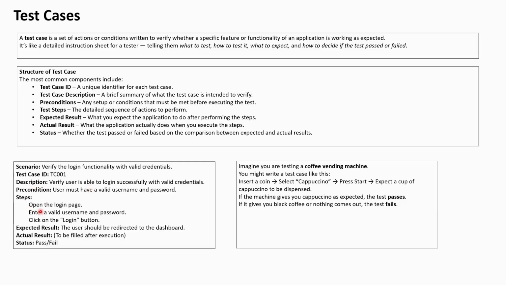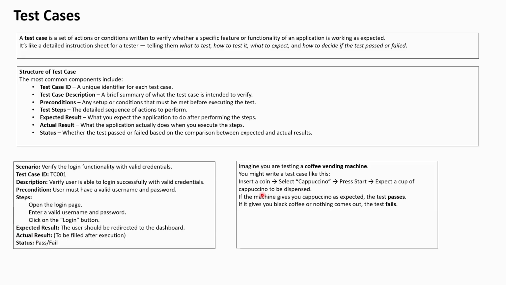The steps: open the login page, enter a valid username and password, then click on the login button. The expected result is the user should be redirected to the dashboard page, and the actual result is to be filled after the execution, while the status will be pass or fail based on the comparison between the actual result and the expected result.